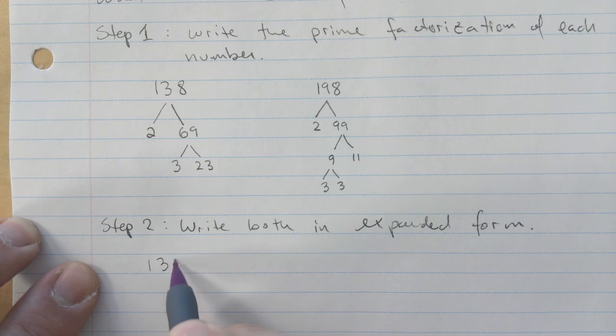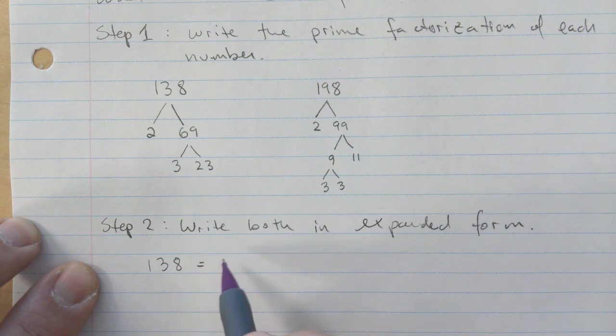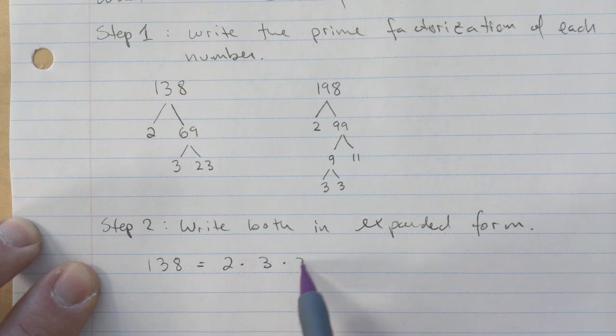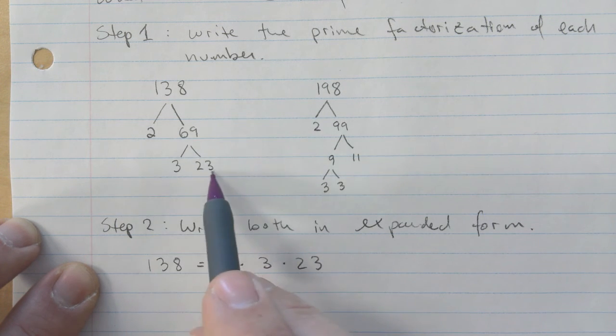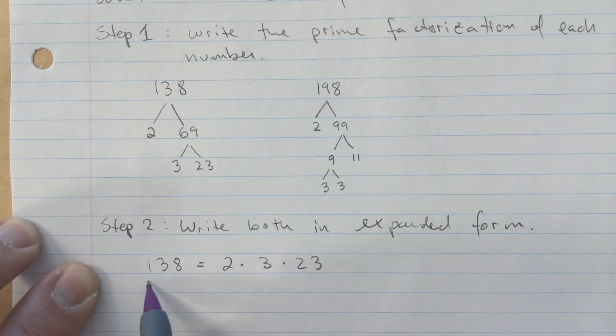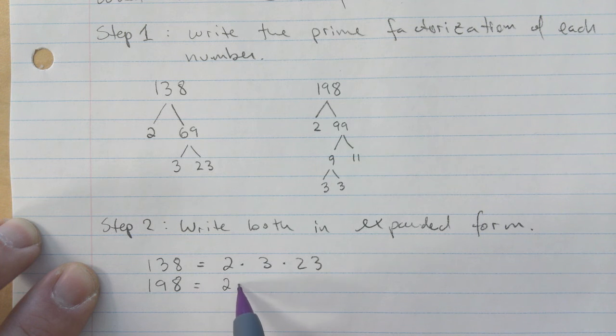So for example, you have 138 here, and 138 is 2 times 3 times 23. I'm going by this here. 198 is 2, in ascending order, okay? 2 times 3 times 3 times 11.